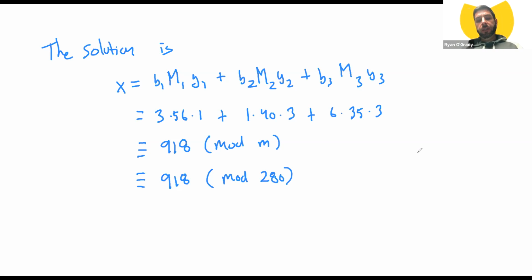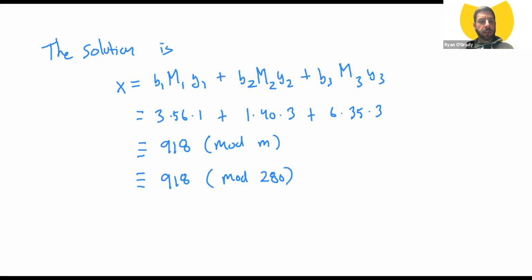The first thing you do is ask yourself, how many times does 280 go into 918? You're probably going to need a calculator for that. So you might say, okay, what's 280 times 3? Well, I get 840. And so 918 minus 840 is 78. So is this the correct answer?